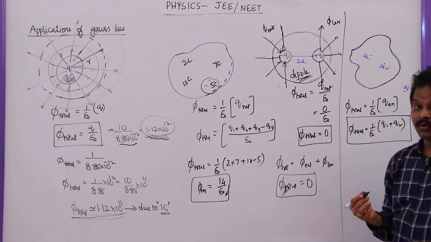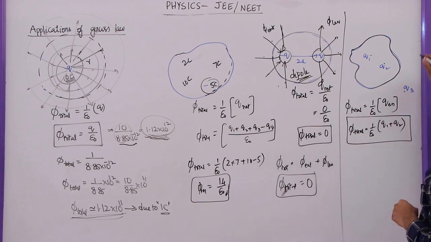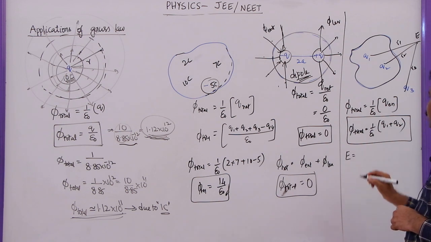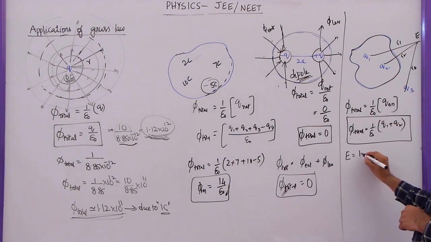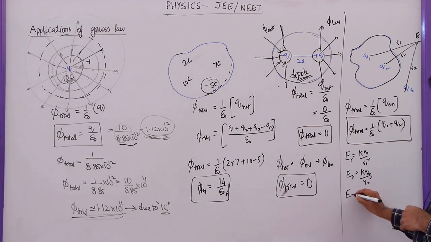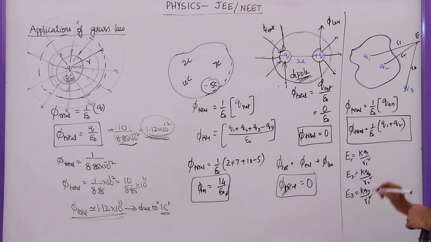But what about the field at somewhere here? Now if you take this is R1, let us say this is R2 and this is R3. To calculate the electric field here, we can write electric field due to these three charges: K Q1 by R1 square, this is electric field due to the first charge; K Q2 by R2 square; and electric field due to the third charge, K Q3 by R3 square.